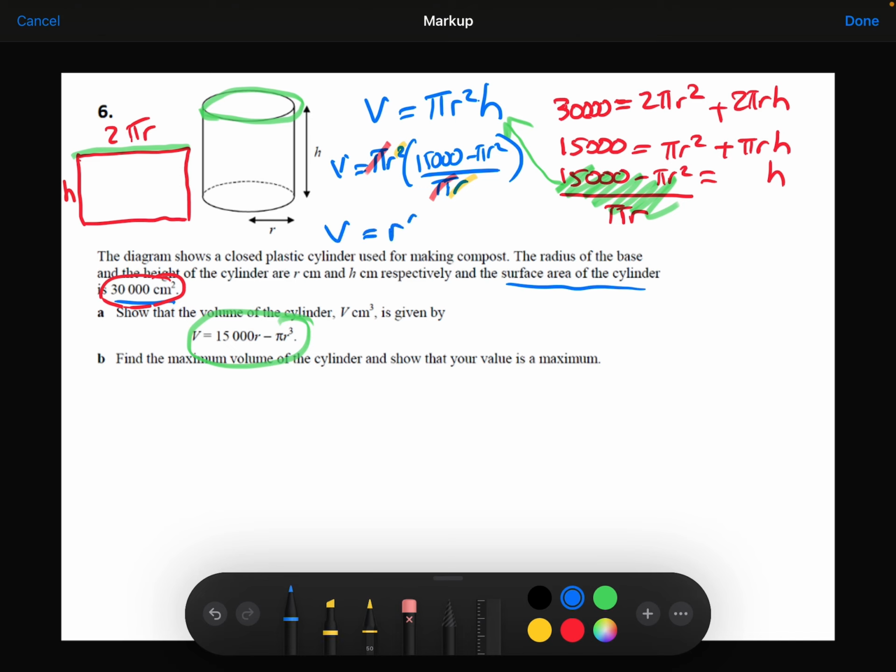So I will just get r times 15,000 minus pi r squared, which is 15,000 r minus pi r cubed. And that's what we needed to show.